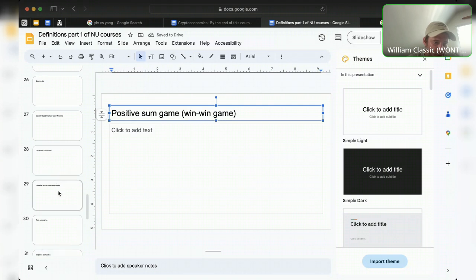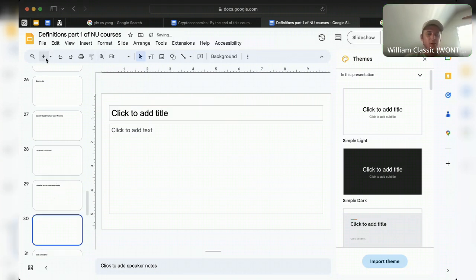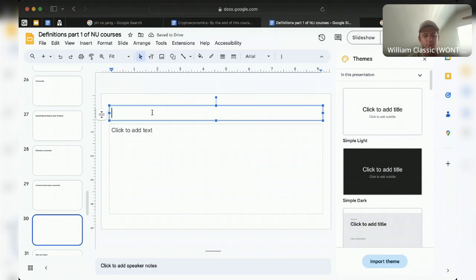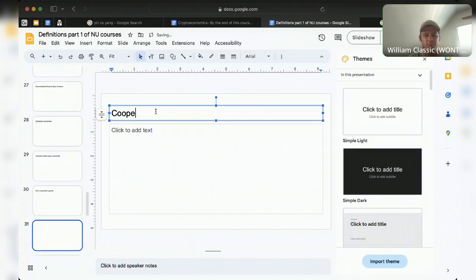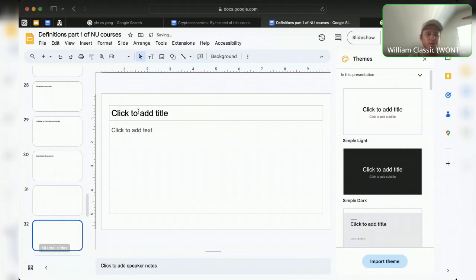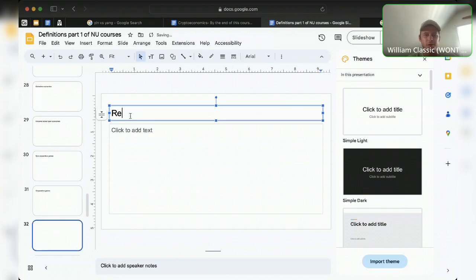Before all this, I should have non-cooperative games. Cooperative games. And this is a cool theory I want to include, but this is the theory of reciprocal altruism.